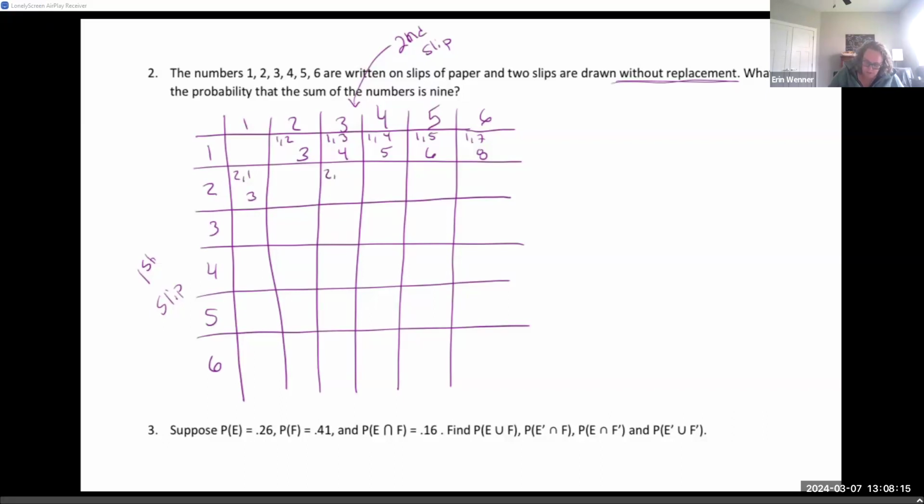I can get a 2 and a 3, giving me a sum of 5, 2 and a 4, giving me a sum of 6, 2 and 5, sum of 7, and 2 and 6, which is a sum of 8. Titus, you're correct. I meant to say 1 and 6, not 1 and 7. So it's 1 and 6 for a sum of 7.